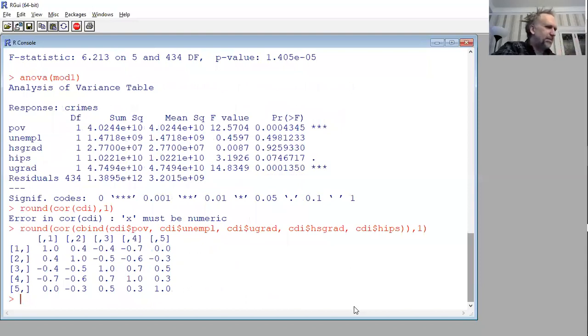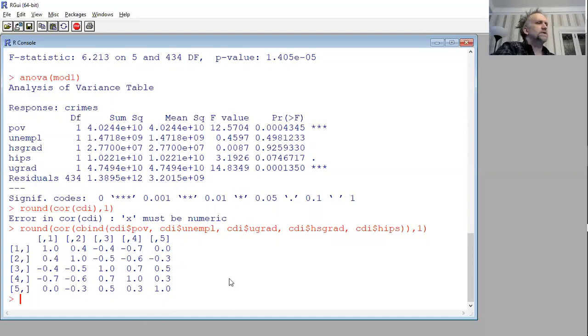I can see how these are correlated, and actually, kind of interesting that the first one, poverty and the hipsters, are uncorrelated, at least rounded down, but the other ones have a reasonable amount of correlation. You know, there is 0.4, 0.4, 0.7, 0.5, 0.6, 0.7.